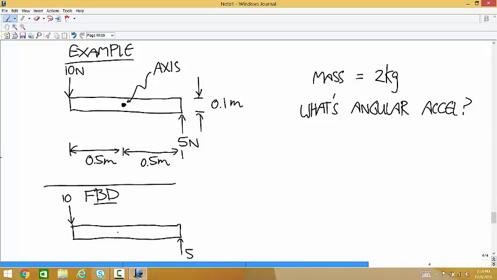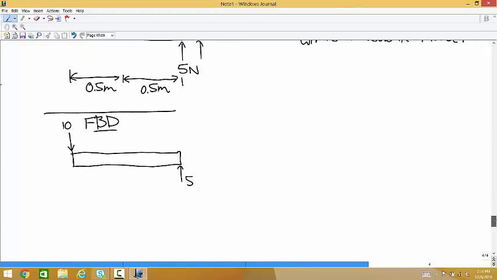Now it does matter, and so when we apply the weight, we have to put it at the center of the body always. So the weight is 2 times 9.81 acting at the center, so 19.62. Notice the weight always acts at the center.